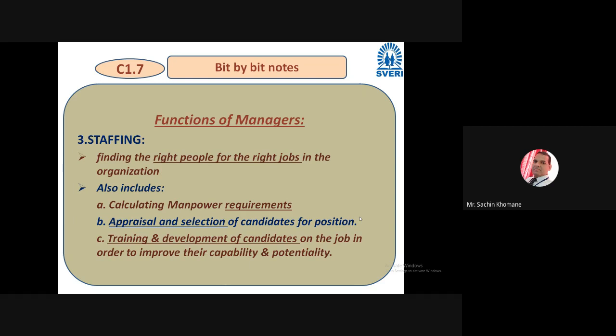If you have a certain designing task, you should appoint a designer there. If it is an analysis-related task, you should appoint an analyst there. Getting? So that is the meaning of the right person for the right job. That activity in the organization is called staffing. Staff recruit करणे म्हणजे staffing. So this is a recruiting activity.